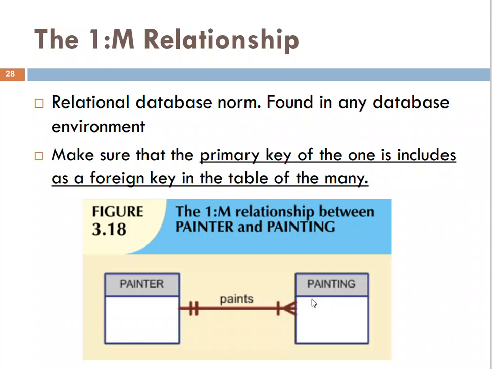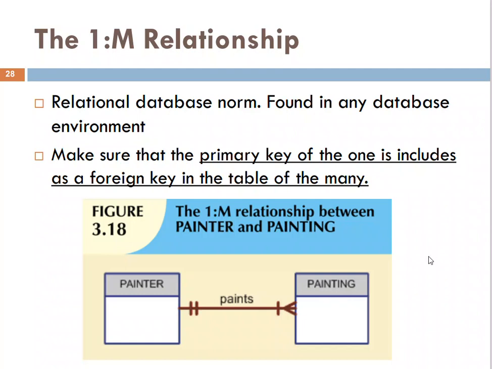Kita tak akan ambil primary key daripada painting untuk diletakkan dalam table painter, sebab satu pelukis boleh melukis lebih daripada satu lukisan. Jadi logiknya, painter code will be the foreign key in the painting table.